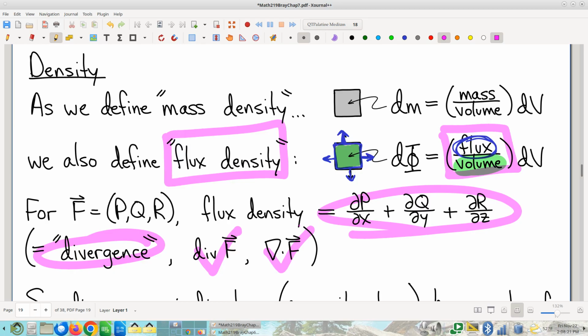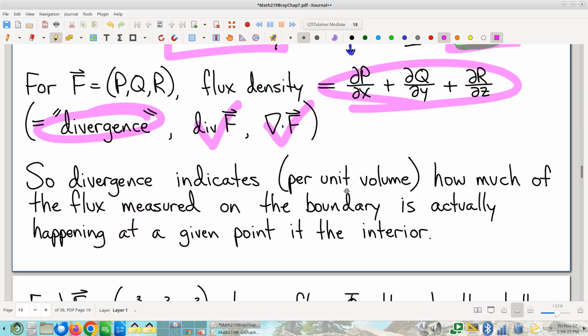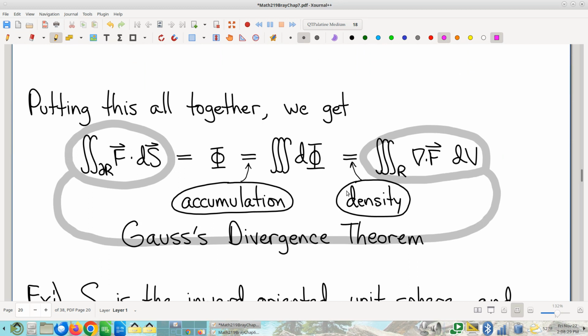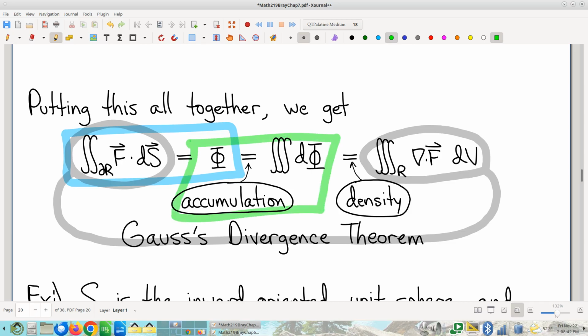Okay. And of course, when you have a stuff and you have the associated density, you can integrate to get an integral theorem, and so that gives us a final result. We started by looking at boundary flux. We made the observation that it accumulates. The whole is the sum of the parts.